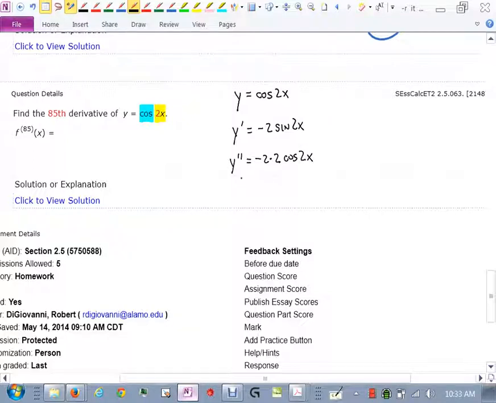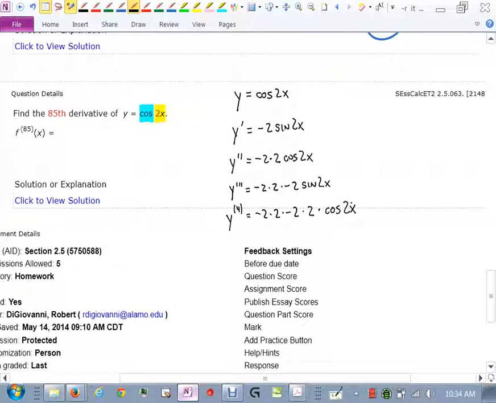Now, I'm not going to put the negative 2 and 2 together for a reason here. When I take the third derivative, I get negative 2 times 2 times negative 2 sine 2x. And then when I take the fourth derivative, I get negative 2 times 2 times negative 2 times 2 times cosine 2x.